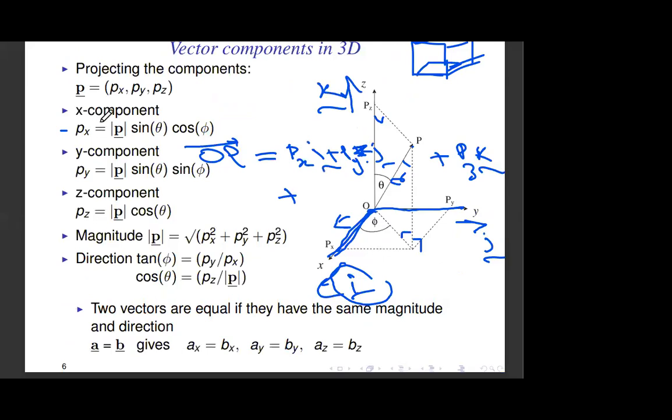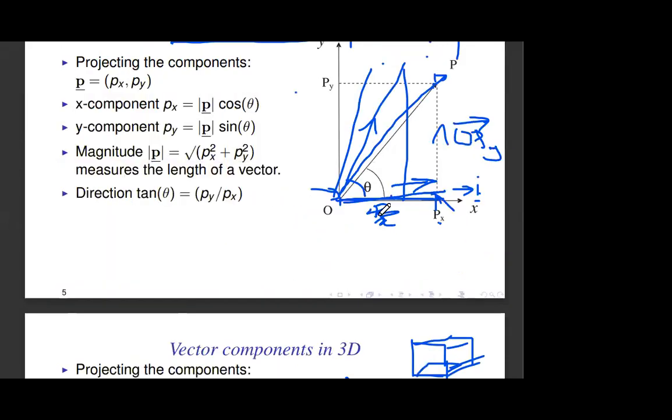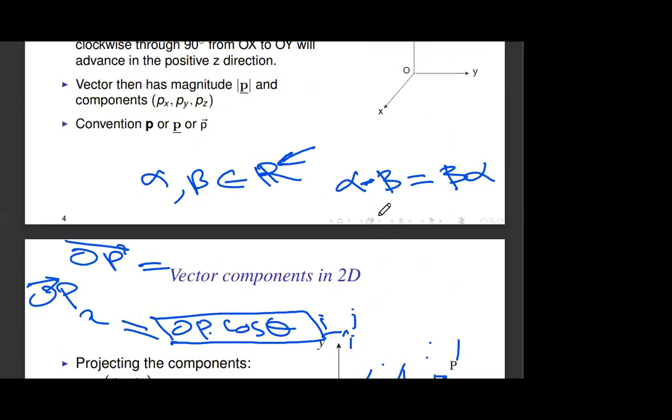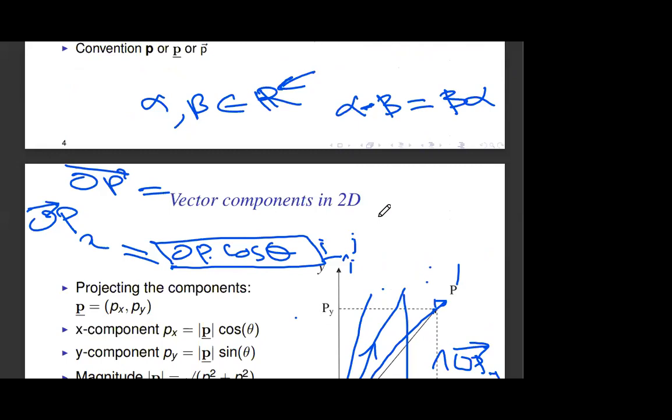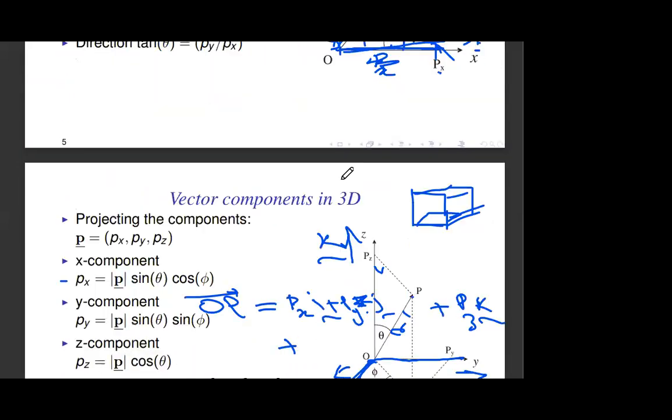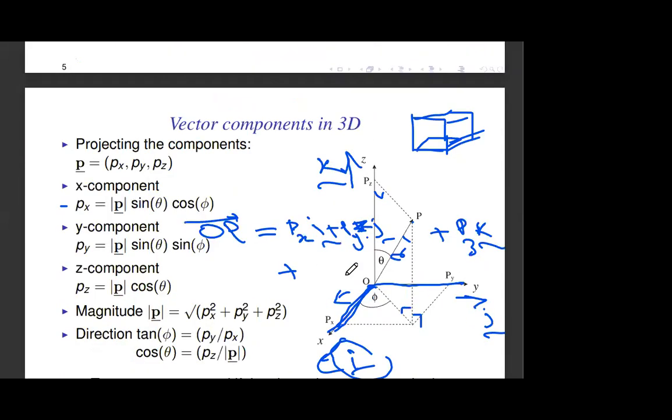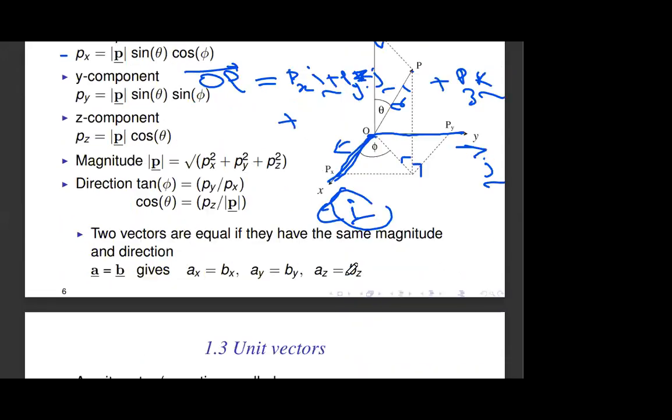Here you need three distances, Px, Py, and Pz, then you can find the position vector P. So these are vectors in 2 dimensions and vectors in 3 dimensions.